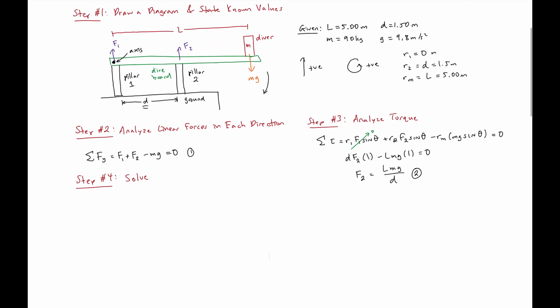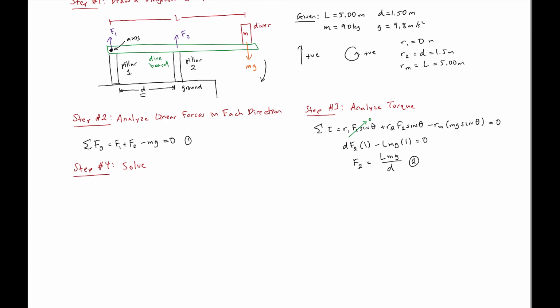The last step is really just to solve for the question. We have two equations. We have an expression for F2. We can plug it in to equation 1. So sub 2 into 1 and solve for F1. So we have F1 plus LmG over D minus mg is equal to 0.